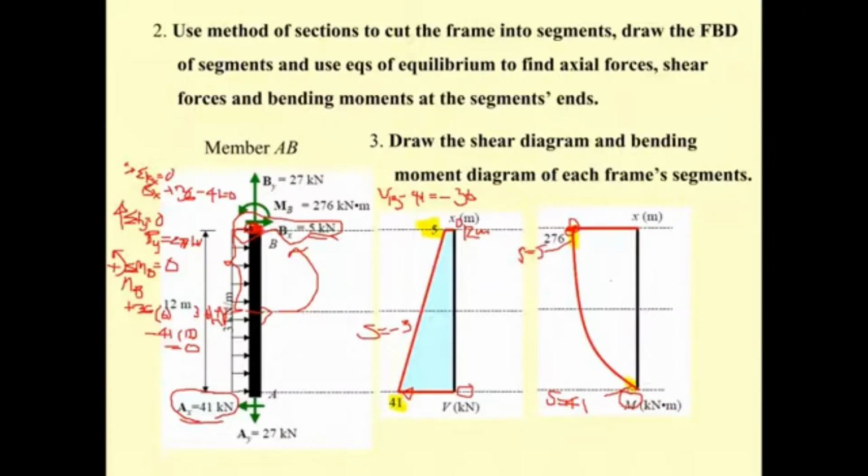Okay, and what is going to be the value here? It's going to be M sub B minus 0, and it is equal to the area here, which is 1/2 of 41 plus 5.